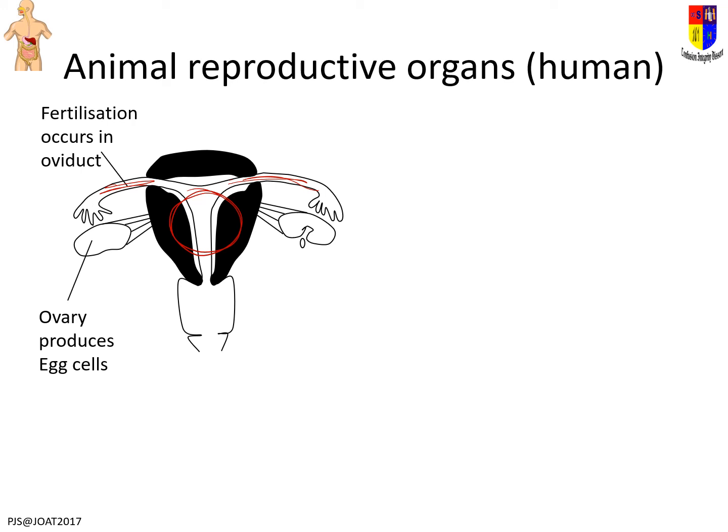This is where the egg cell has to meet the sperm to get a successful fertilization. If it has moved further down to here, it won't have enough time to divide and therefore attach and develop. This is the uterus, and that's where the embryo develops. So these are the three things you need to know about the female reproductive system.